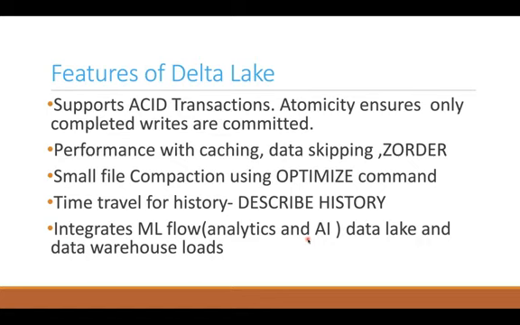Just to summarize, in today's session we have seen what Delta Lake is, and what the various components are in the data pipeline architecture to create the Delta Lake, to migrate the data from on-premises to the cloud, and what the Delta Log is, and the various advantages and benefits of Delta Lake, such as atomicity, performance using optimize, and data skipping.